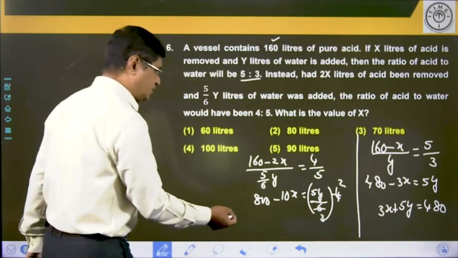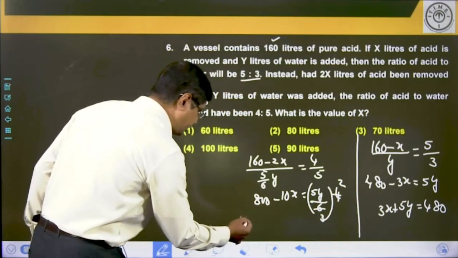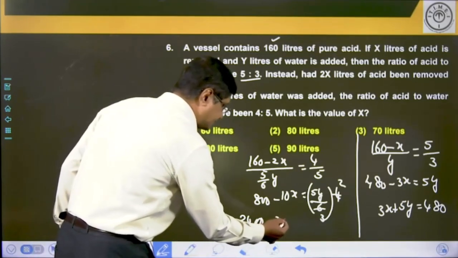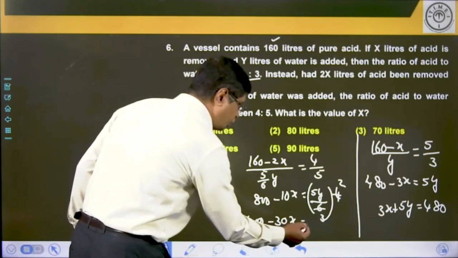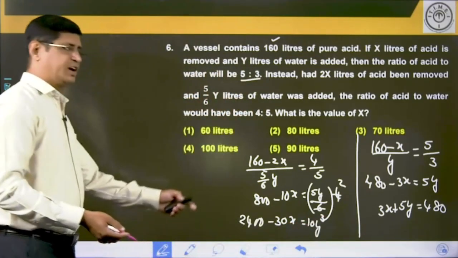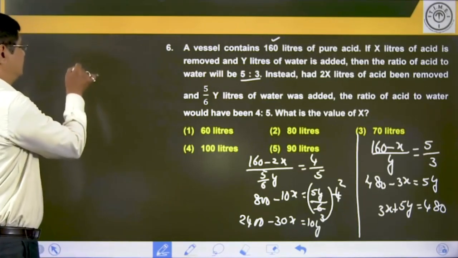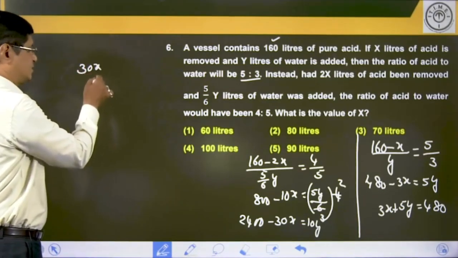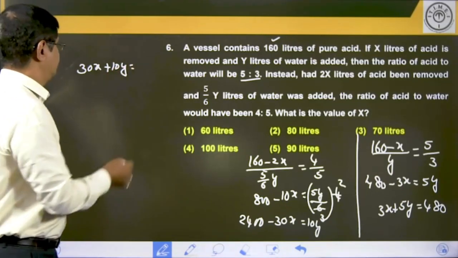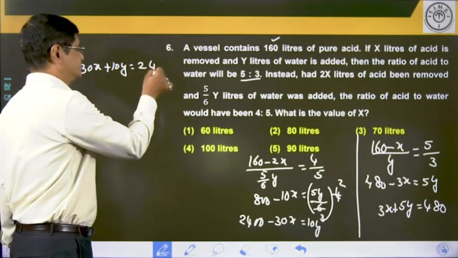On solving this, the result is 3 times of 800, that is 2400 minus 30x is equal to 10y. So what is the equation? Just I will write here. 30x plus 10y is equal to 2400. Am I right?